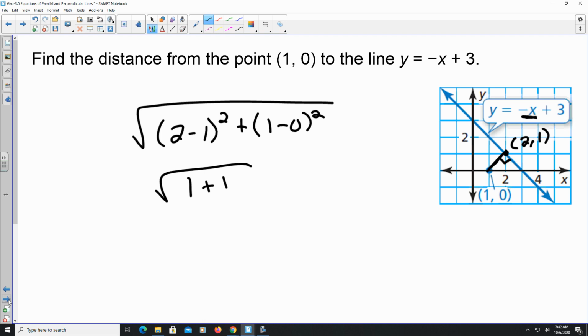So I get 1 plus 1, which is the square root of 2. And the square root of 2 is about 1.41. So that would be the distance from 1 comma 0 to the line y equals negative x plus 3.